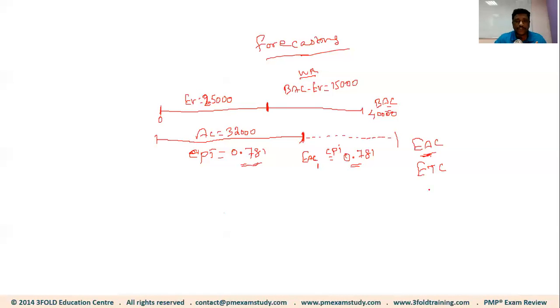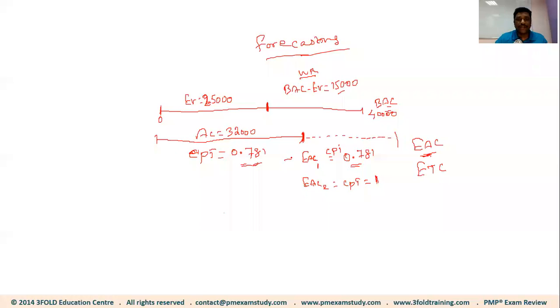Then you should take the assumption that past performance will not continue in future, or in other words, the CPI for the remainder of the work will be 1, which is as per the plan, because whatever was causing the poor performance, you could identify and eliminate. Are you following me?